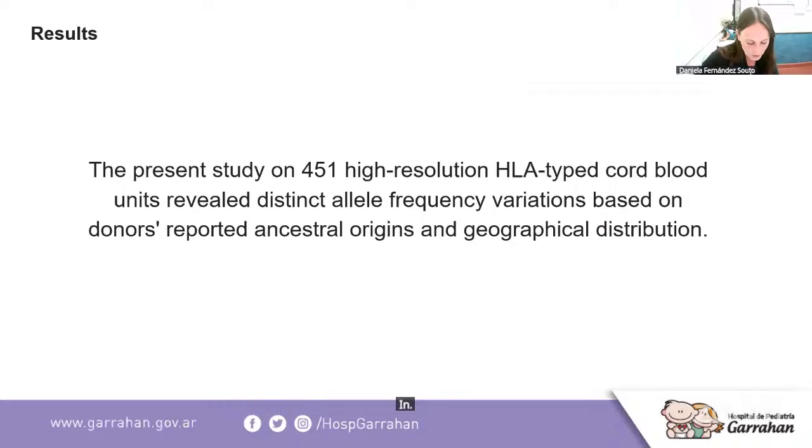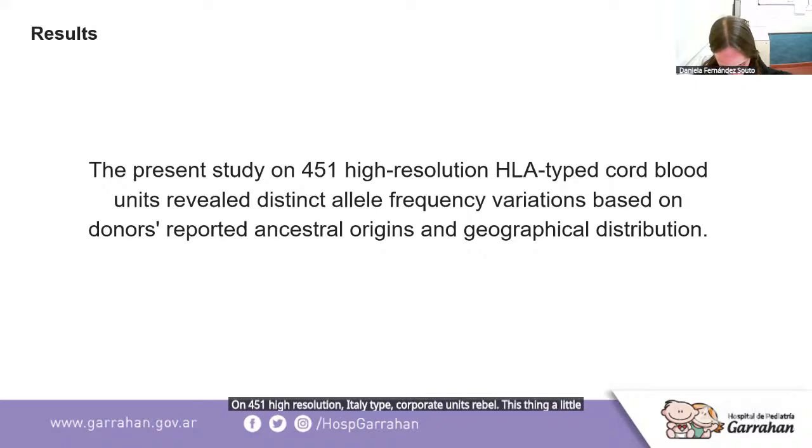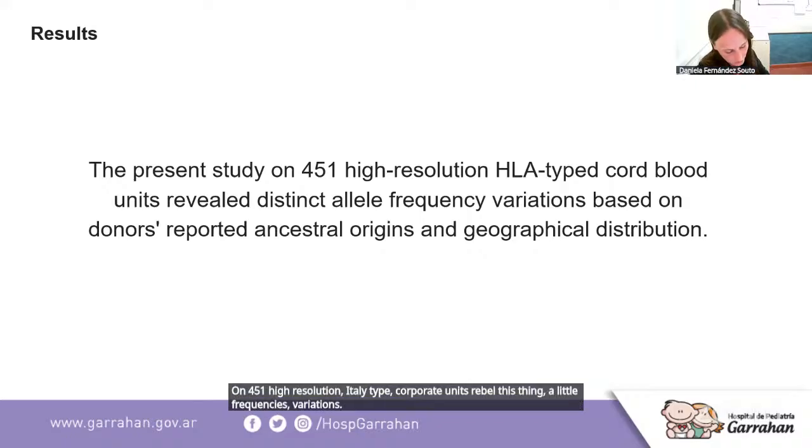In summary, so far, we can say that the present study on 451 high-resolution HLA-typed cord blood units revealed distinct allele frequency variations based on donors' reported ancestral origins and geographical distribution.